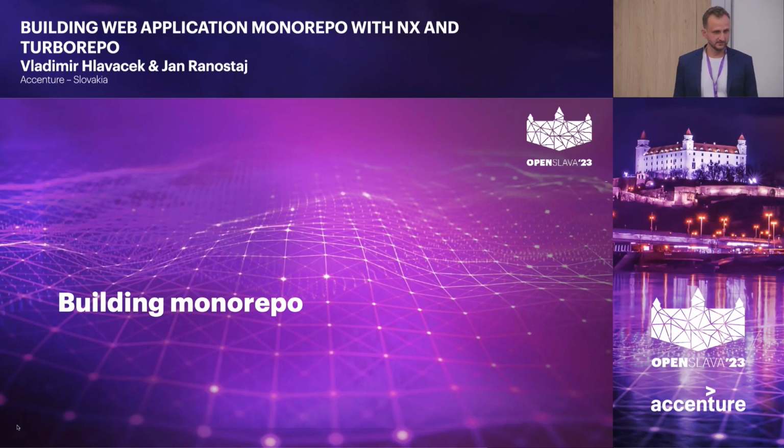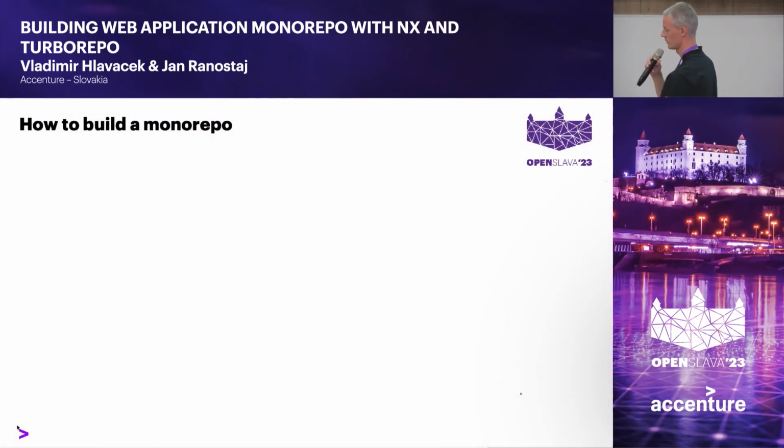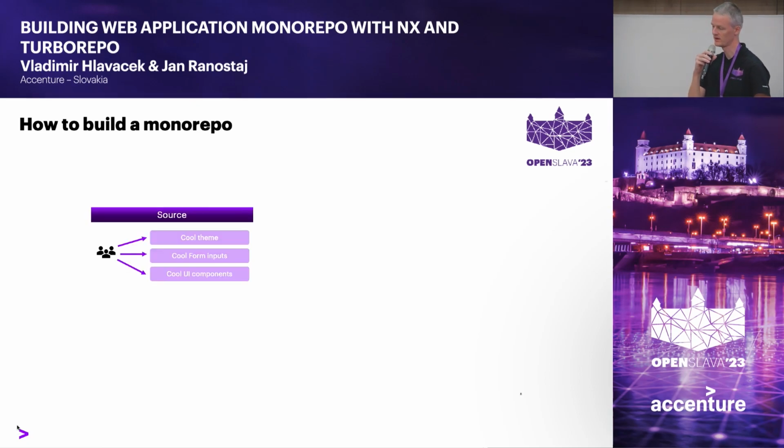Okay, so how do you actually work with such a Monorepo, and how do you build it? Maybe I will give an example of what can be in such a Monorepo. Typically you have the source code in one repository, and there could be, for example, one team managing your UI libraries, maybe some themes, inputs, and so on.